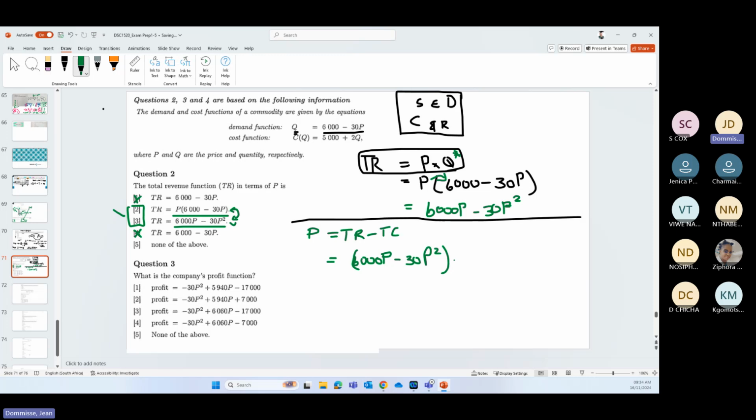Just remember, we're going to subtract. So remember, I always do it in brackets first, so that when we get to working it out, I don't make a mistake with my signs. So the cost function is 5,000 plus 2q.